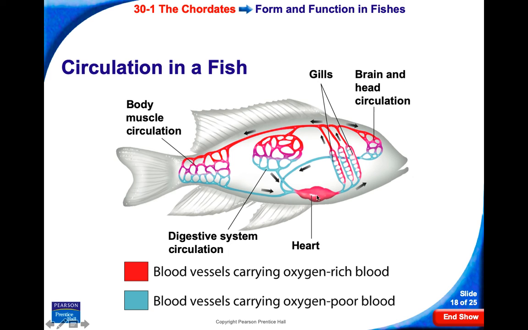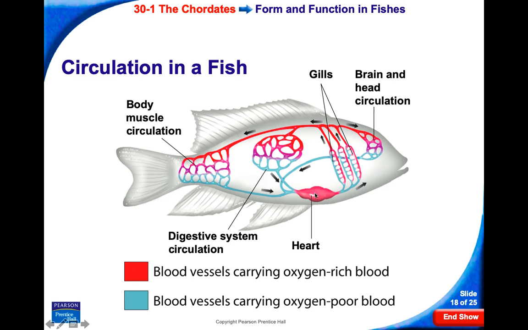So you have the heart. The heart is what's going to pump the blood and allow it to circulate through the system. Fish have a closed circulatory system. Okay, so unlike a lot of invertebrates we looked at before, the blood stays inside of blood vessels throughout the whole system. That's what determines it as a closed system.